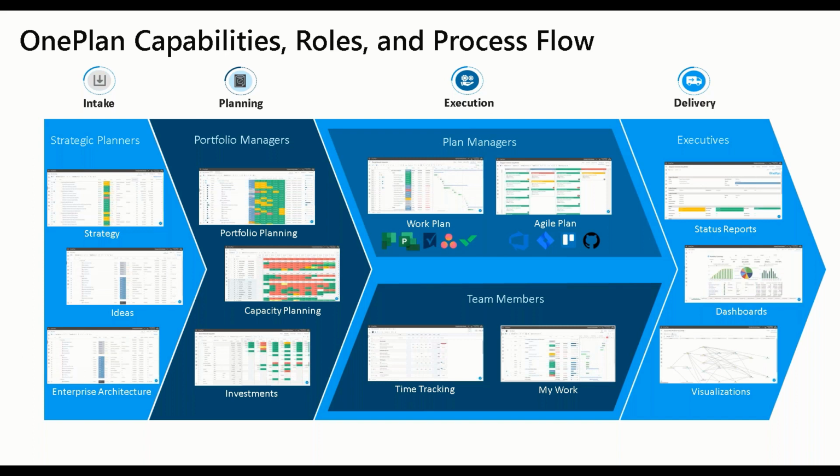And then finally, it all comes together in terms of being able to address leadership executives with status reports, dashboards, and visualizations for dependency. So we have all this within OnePlan as a solution. And again, it can be modified both from a configuration standpoint and a process standpoint to address how you're actually working internally and how you desire to improve on that process.